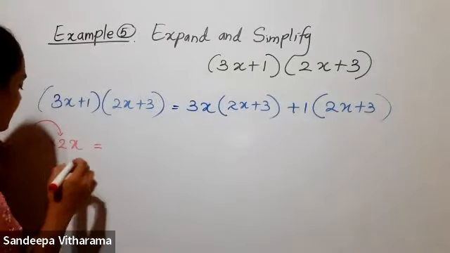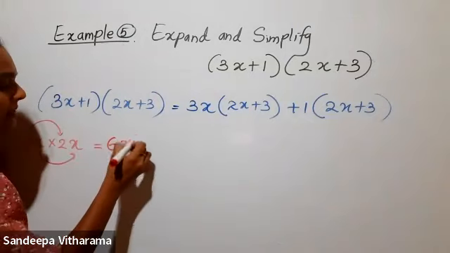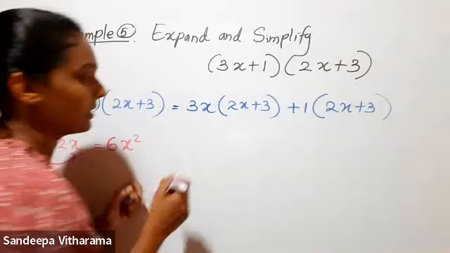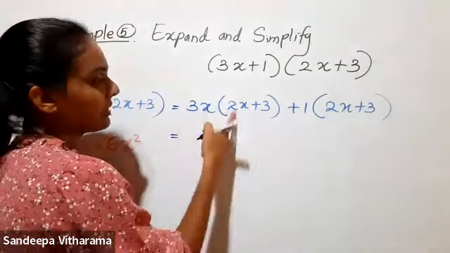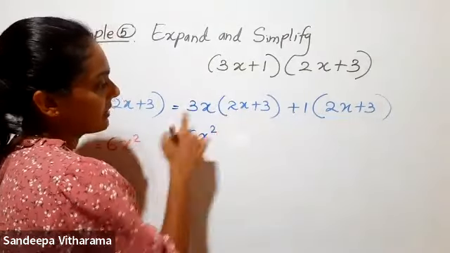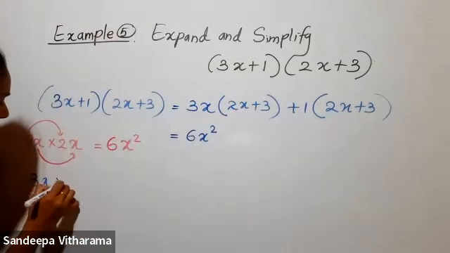Okay, multiply coefficients, it is 6. x into x, it is x squared. Then what is the answer? 3x into 2x: 3 into 2, it is 6. x into x, x squared. 3x into 3.